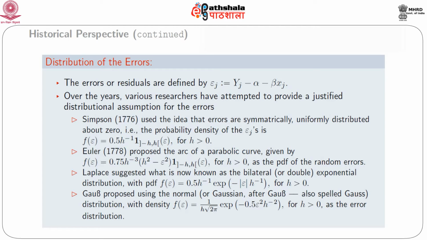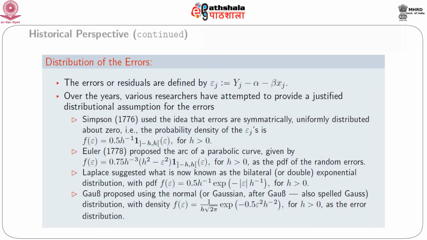Simpson in 1776 used the idea that errors are symmetrically uniformly distributed about 0. That is, the probability density of the epsilon_j's is f(epsilon) equals 0.5 times 1 by h, epsilon lies between minus h and plus h, where h greater than 0.